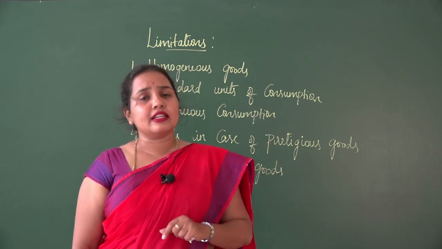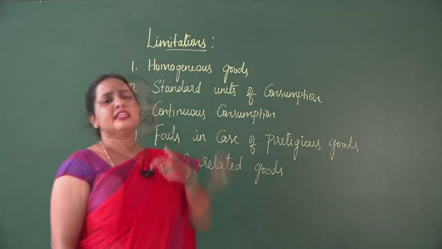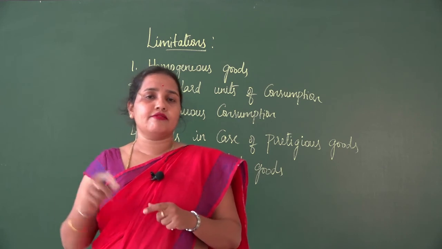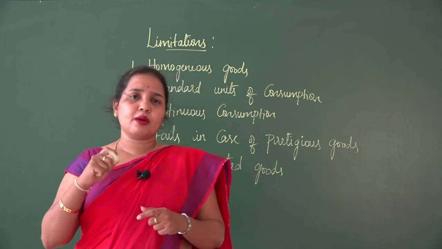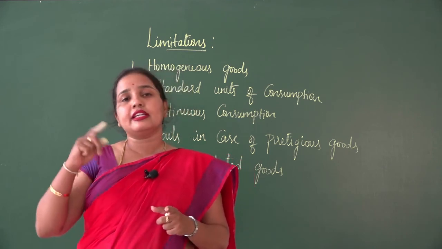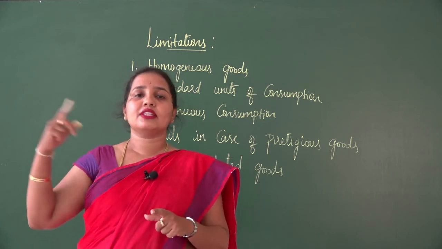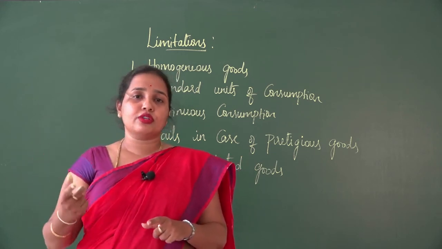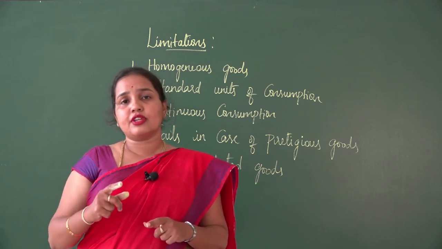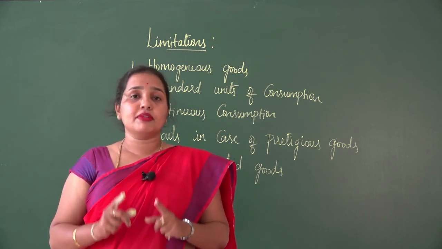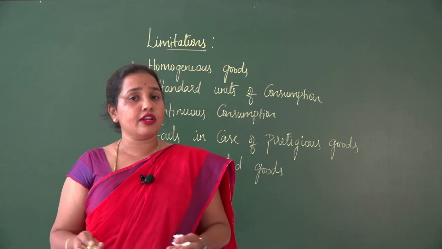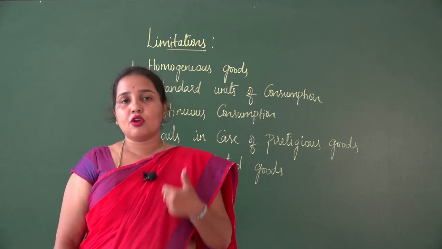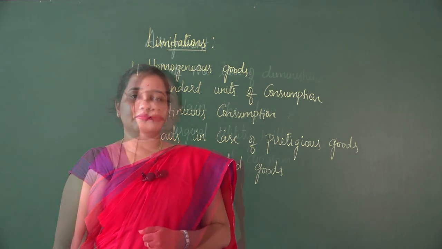When you take such related goods, the law fails. When you have the first cup of tea without sugar, it gives lesser utility. When you have the second cup of tea with sugar, it gives you more utility. In such cases of related goods, the law of diminishing marginal utility may not operate. So these are the limitations for the law to operate.